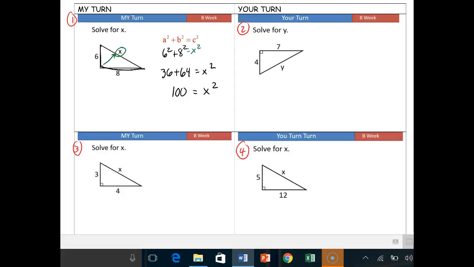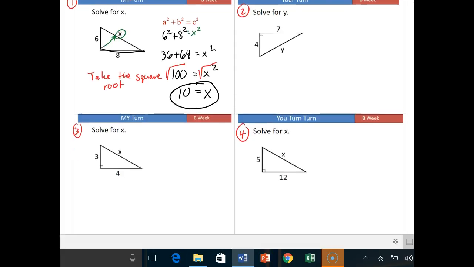To find x, we take the square root, or we ask ourselves, what number times itself will give me 100? So x times x will give you x squared, and 10 times 10 will give you 100. And so your answer for the missing hypotenuse is 10.